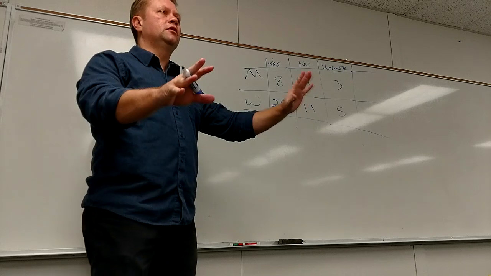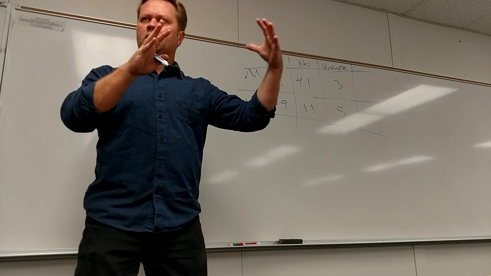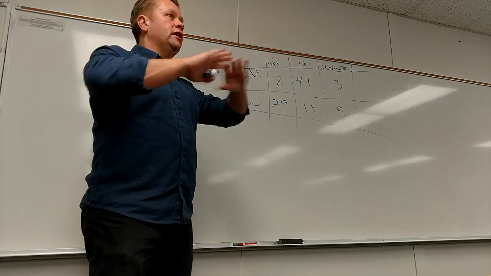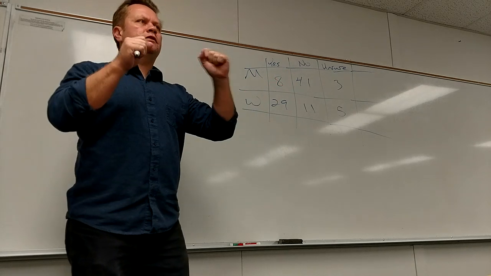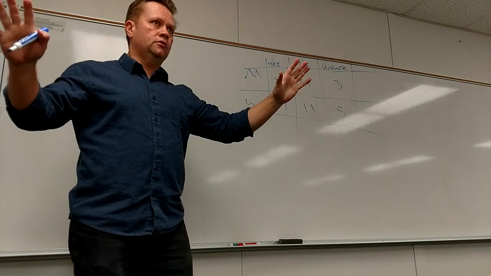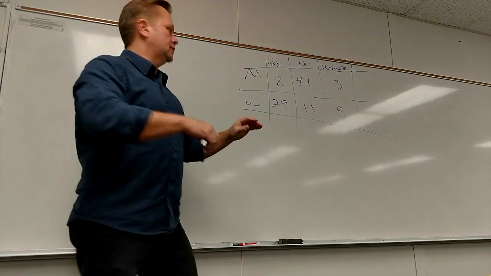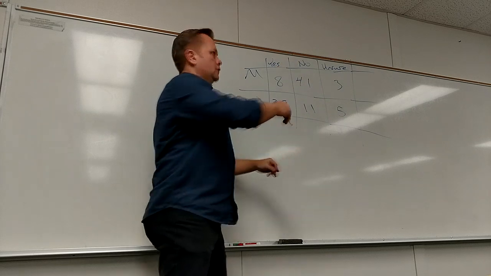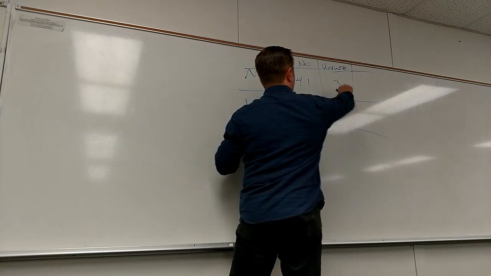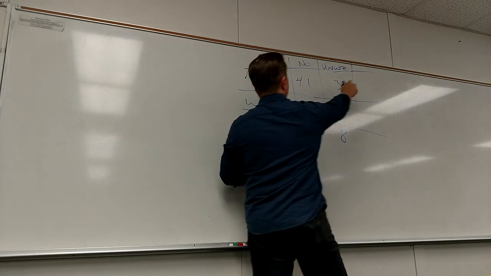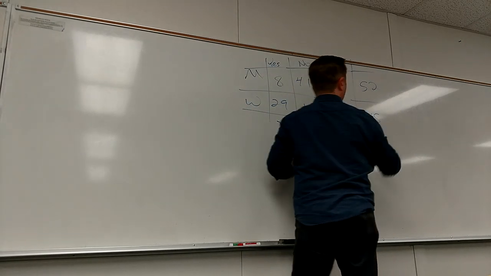How many total people were not sure? 8. Okay, good. I always have a few people that aren't able to read this chart, and if you can't read this chart, you're not going to be able to answer any questions I ask about it. Since probability is based off of totals, the denominator is always going to be the total number of things that could happen. It makes sense to total everything up. So I've got 37 people said yes, 52 said no, 8 on the fence, 52 men, and 45 women.